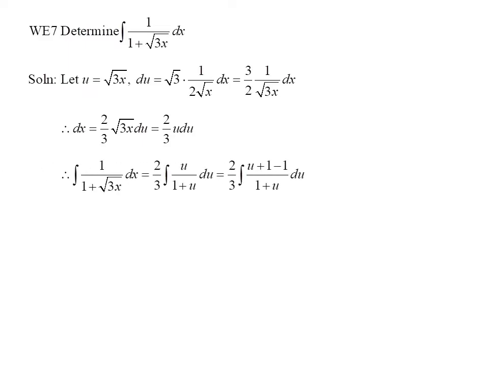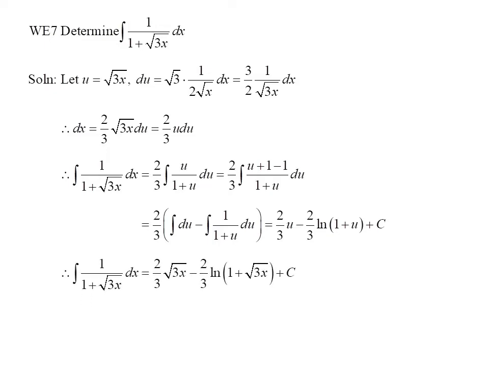Hence, the antiderivative equals 2 over 3 times the integral of u over the sum of 1 plus u du, which can be written as 2 over 3 times open bracket the integral of du minus the integral of 1 over the sum of 1 plus u du, close bracket, which equals 2 over 3 of u minus 2 over 3 of ln of (1 plus u), in parentheses, plus c.